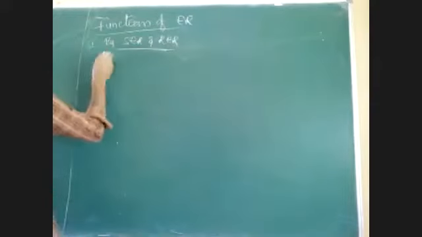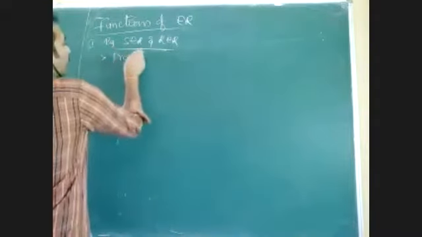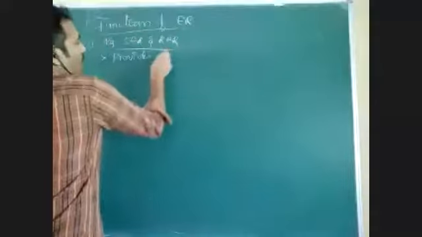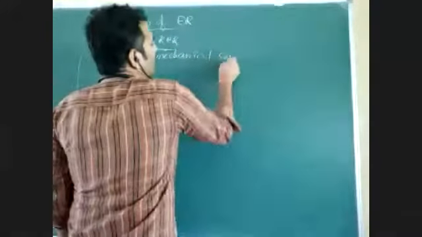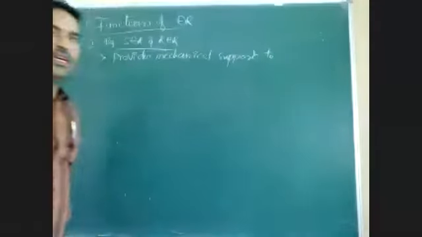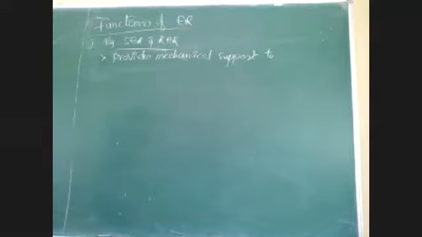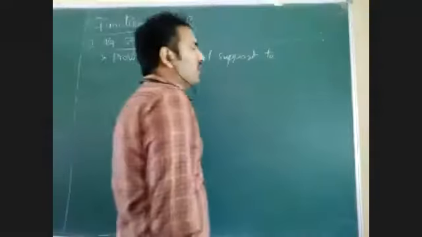Smooth endoplasmic reticulum and rough endoplasmic reticulum, both are involved in some functions. What are those? Provides mechanical support to the substances which are present in the cytoplasm or cytoplasmic matrix.